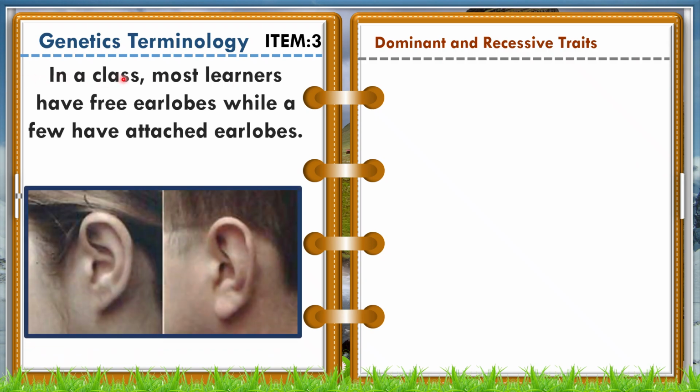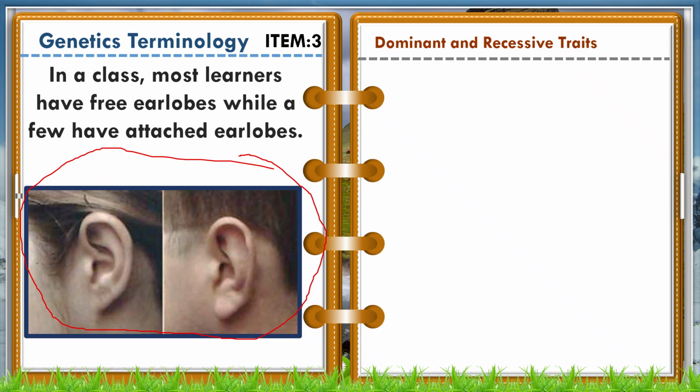In a class, most learners have free earlobes, while a few have attached earlobes. So we have our diagram here showing us the different types of earlobes.